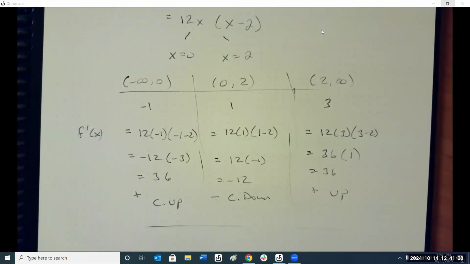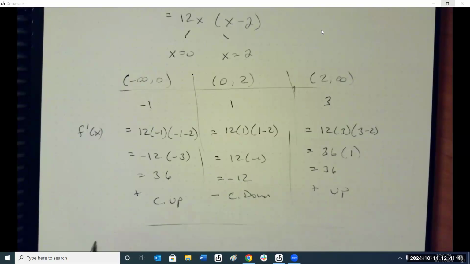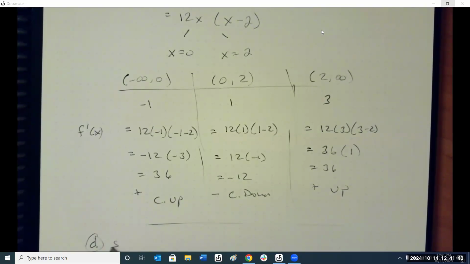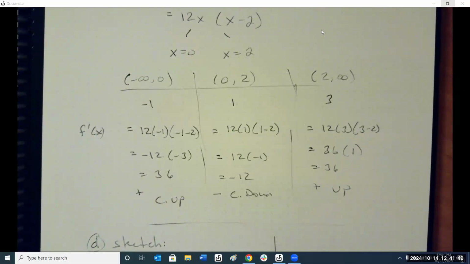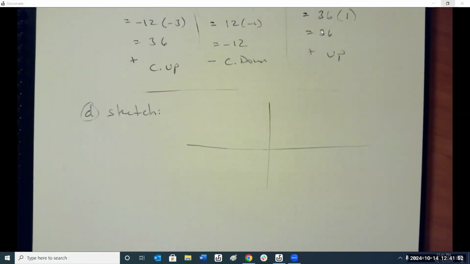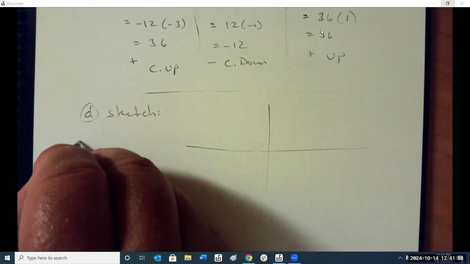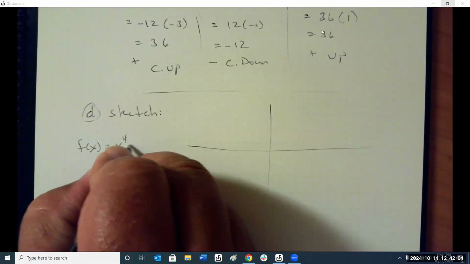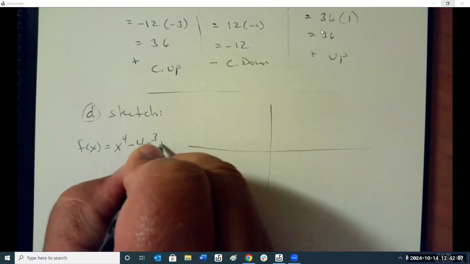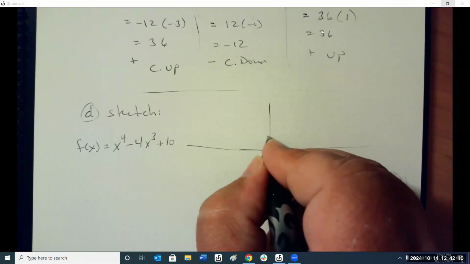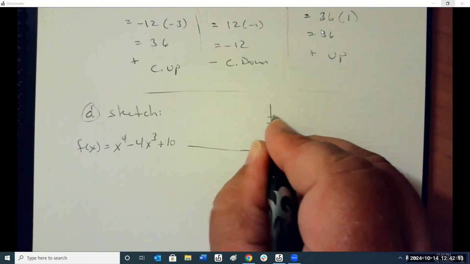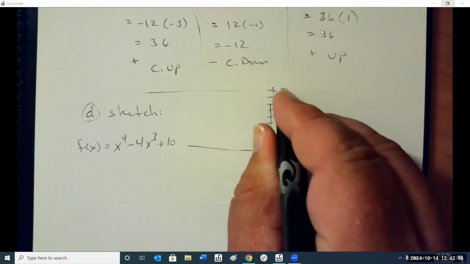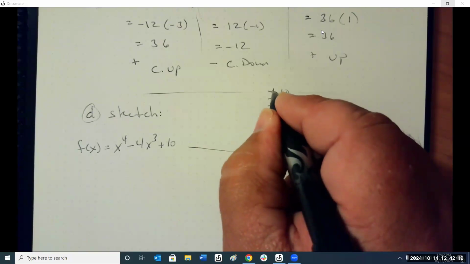Sketch the general shape and plot some points. The function is x to the fourth minus 4x cubed plus 10. So I know at 10, I have a y-intercept.